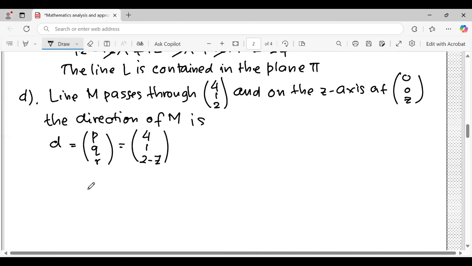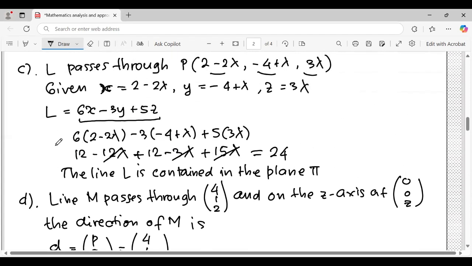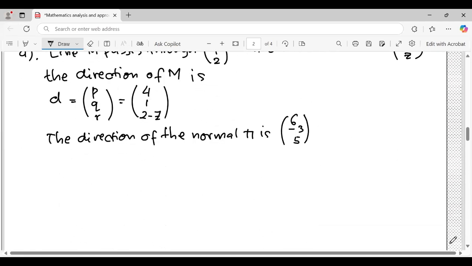And the direction of the normal to pi is (6, minus 3, 5). It's according to this one, the plane 6x minus 3y plus 5z. Let's continue.